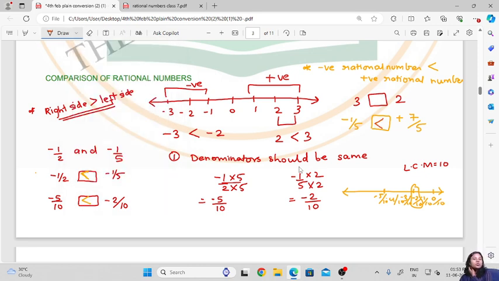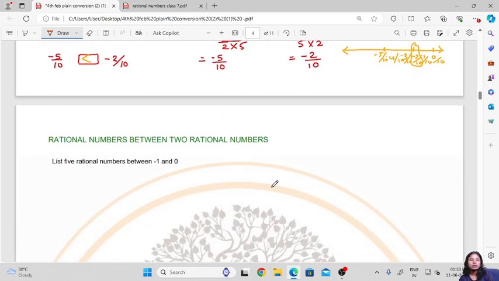The simple reason is the same as what I told you before, that 7 by 5 is going to be on the right side, whereas minus 1 by 5 will be on the left side. So automatically 7 by 5 is the greater rational number.